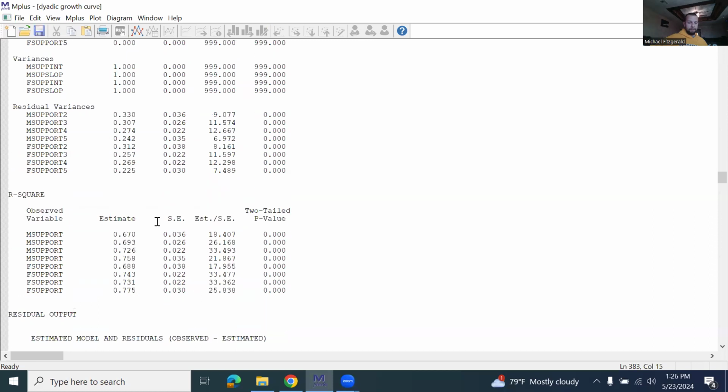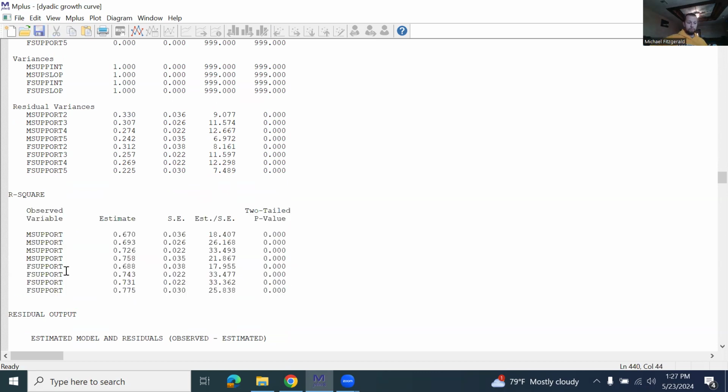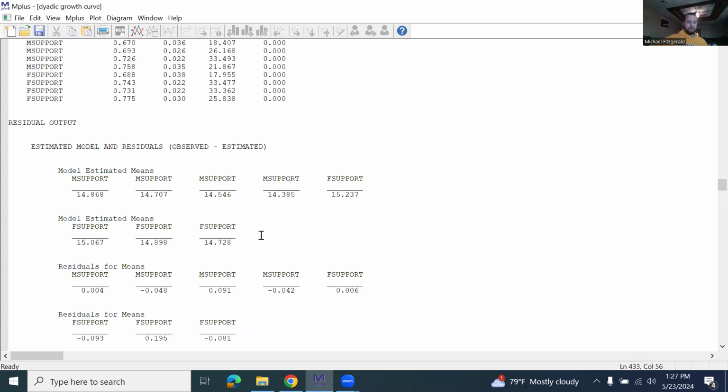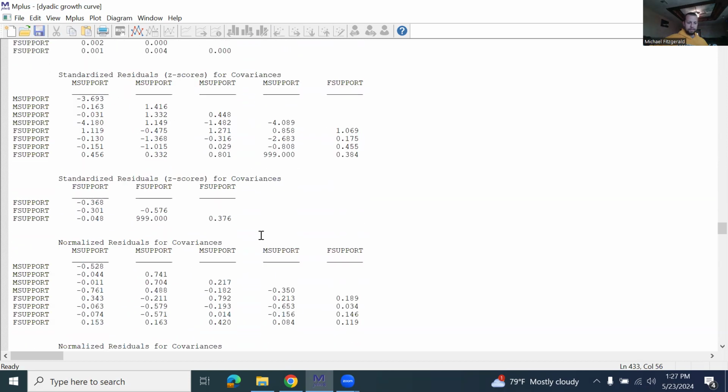And then finally, the thing I look for is the R squared. And our model is doing a really nice job at accounting for the variance in support and strain over time. So essentially, this is the dyadic growth curve. We might check the residual output just to be sure that we're not misspecifying anything.